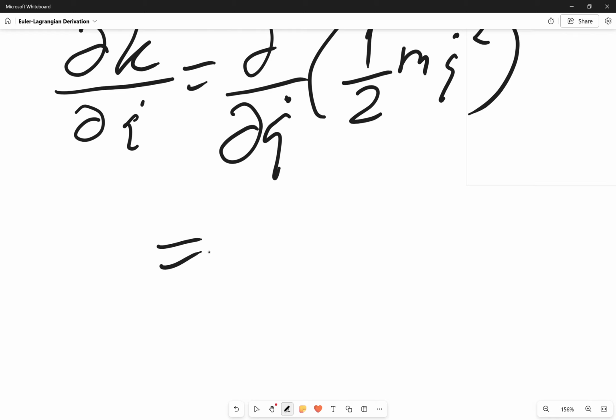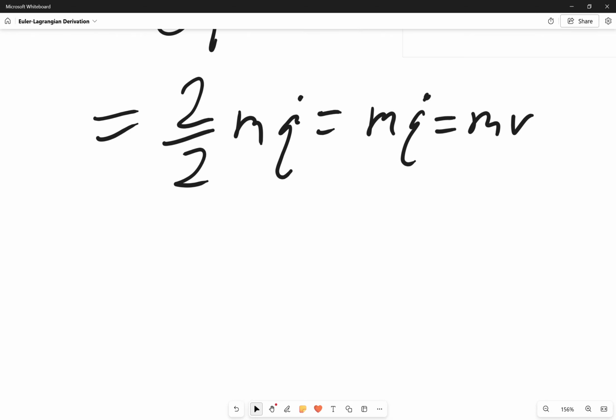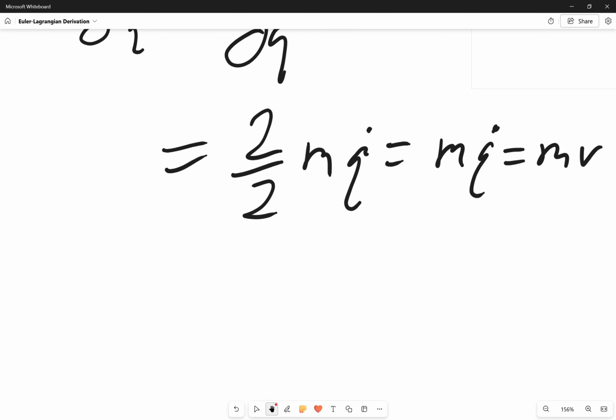Now, following the power rule, we will end up with this result: 2 over 2 times m, and instead of v, we'll have q dot. The 2 over 2 would just be 1, so we're left with m times q dot, which equals m times velocity. And that equals the momentum.